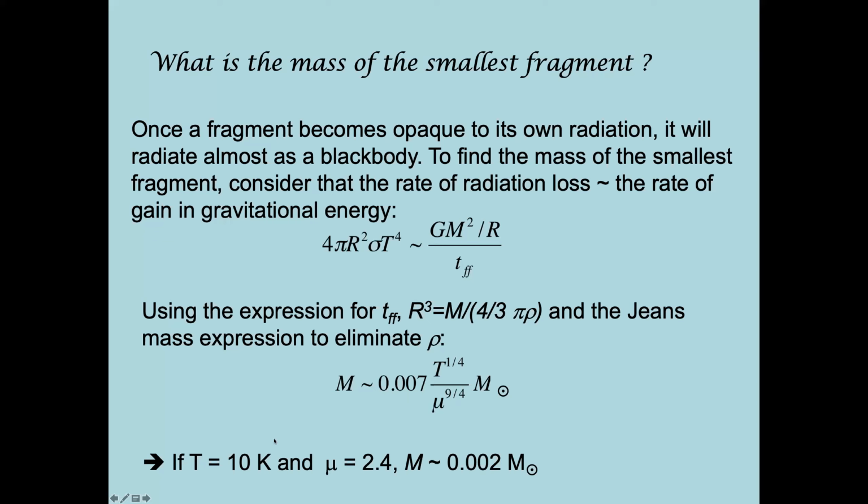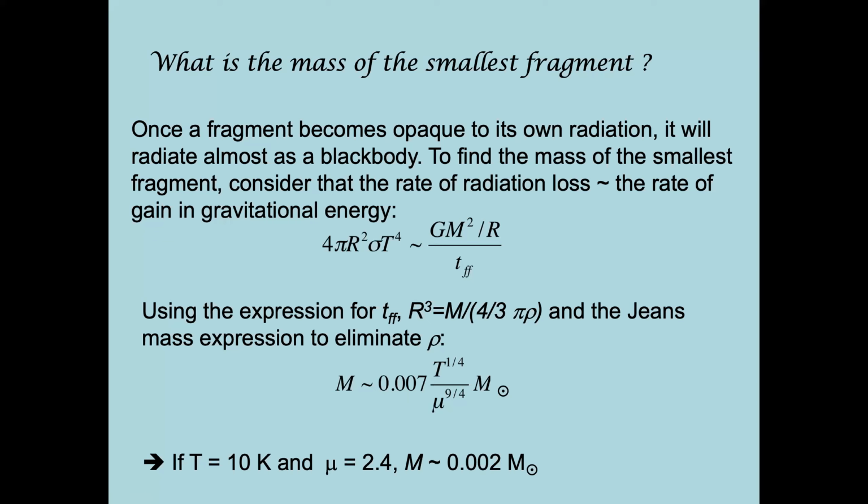This is just an example, but if you have a 10 Kelvin gas, mu equal to 0.4 for a molecular gas, your mass becomes 0.02 solar masses.